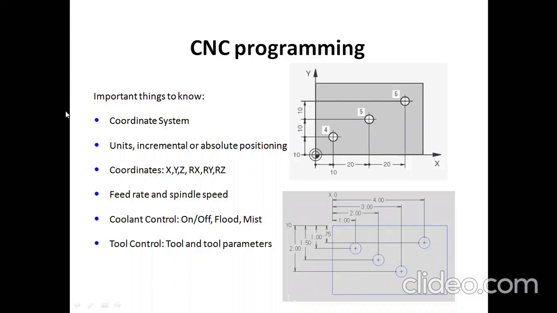XYZ is the coordinate system for your workpiece, and RX, RY, RZ is the coordinate system for your tool. Then feed rate and spindle speed are also important, and switching your coolant on and off is also important.